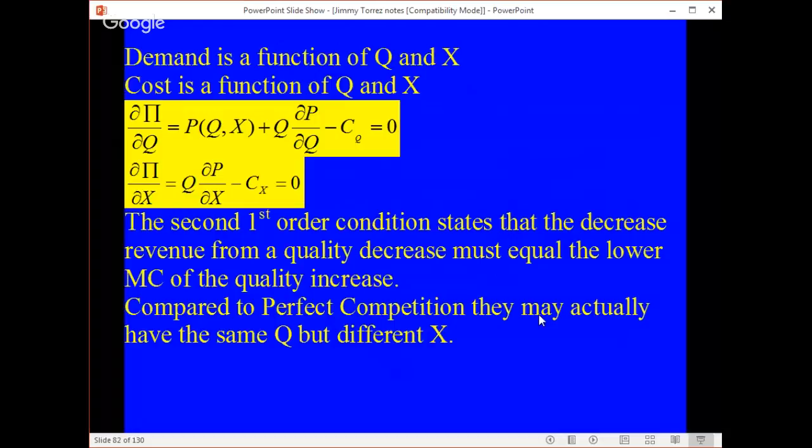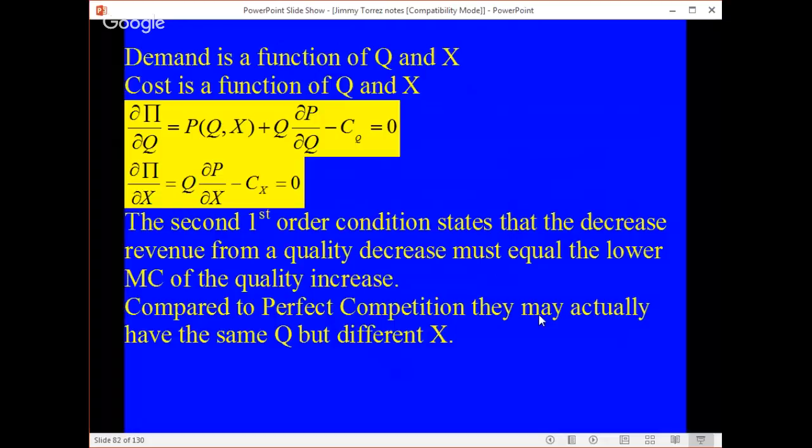So here, right? If I take my profit function and take the partial with respect to Q, I get P, right, plus Q times the partial of P with respect to Q. Now, why do I have these two parts? Because we assumed that P was a function of Q, right?